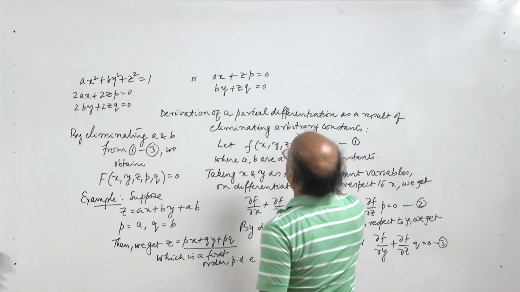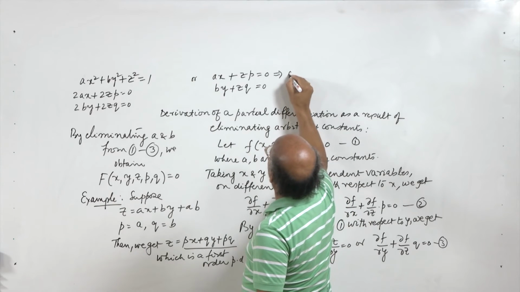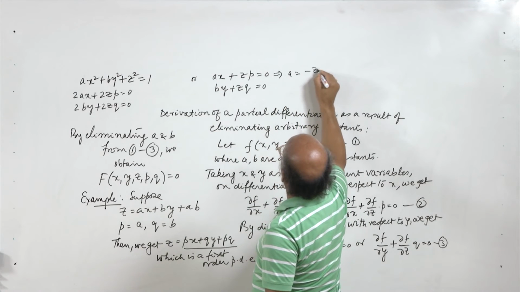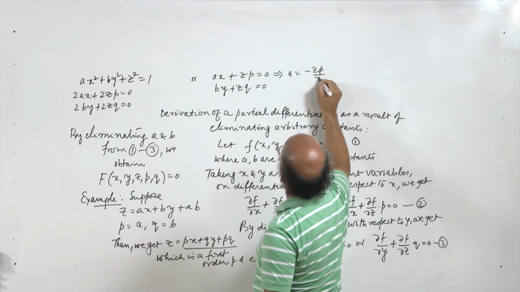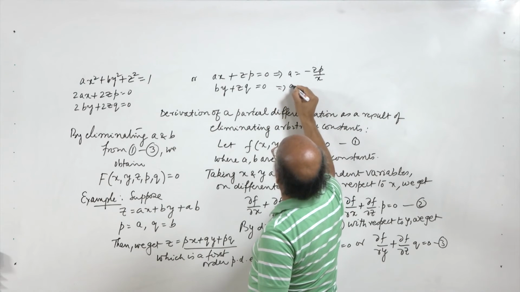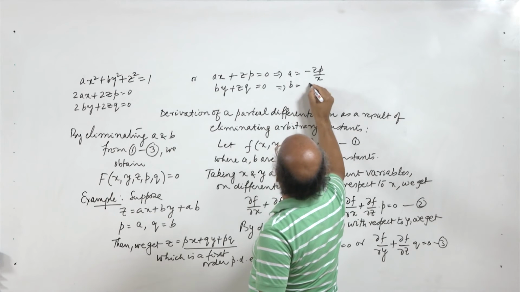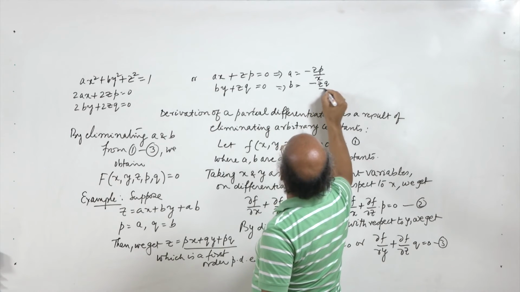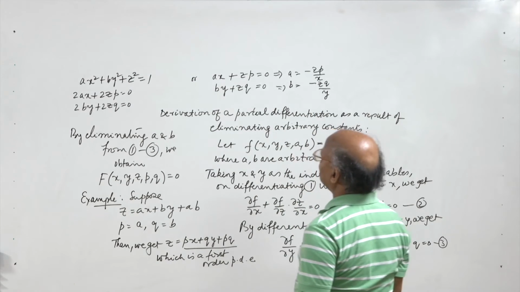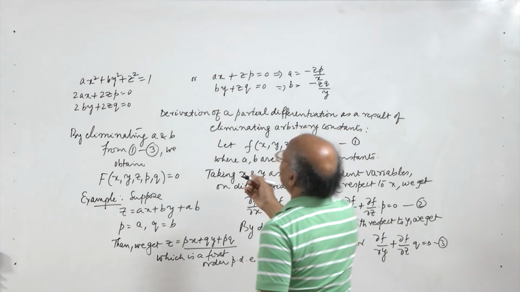Okay, so we get here the value of a equal to minus zp divided by x, and this will give you the value of b equal to minus zq divided by y. So let us substitute these values of a and b in the given equation.